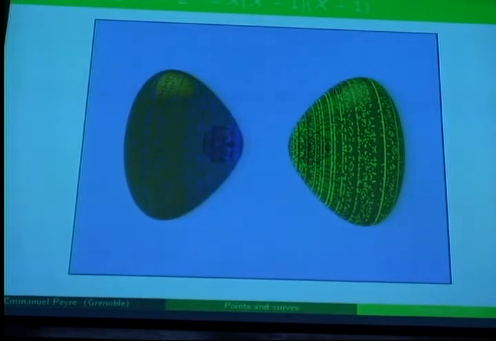So the colors are connected to a simple 2-adic condition. But this 2-adic condition imposes another condition, a real one, which says that the point belongs to either one of the connected components over R or the other.